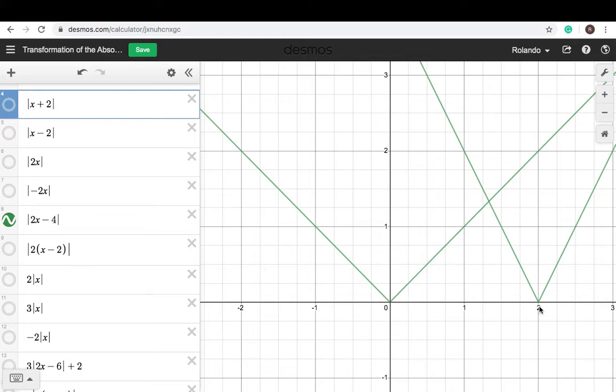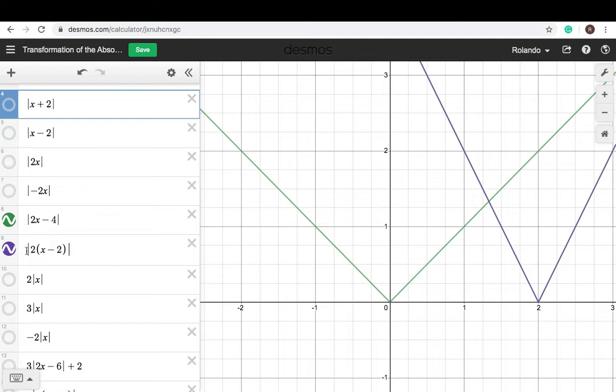But notice that you do not move 4 units to the right. Rather, the graph only moves 2 units. Why is that so? The reason is that 2x minus 4 should be factored as 2 times the quantity x minus 2.